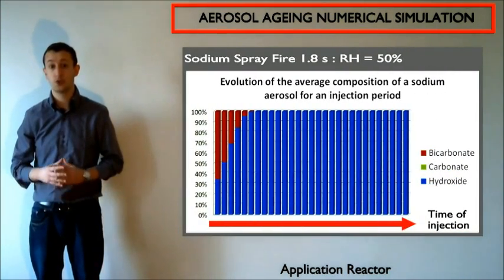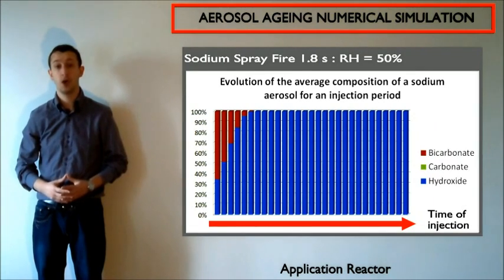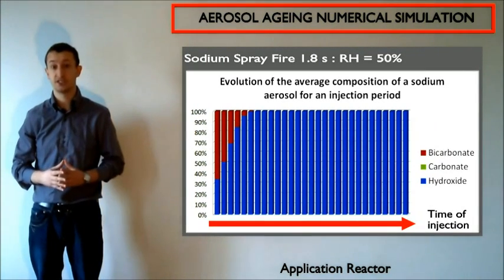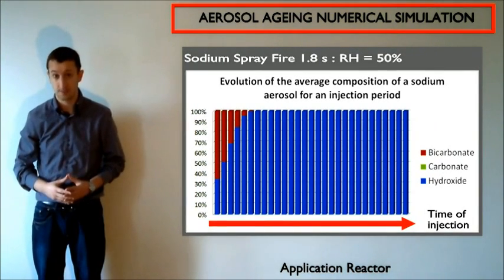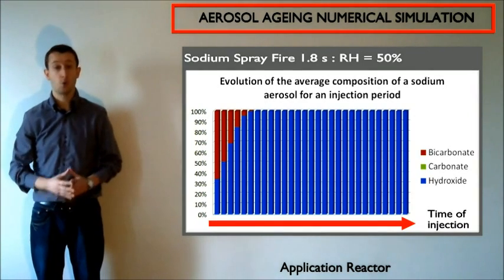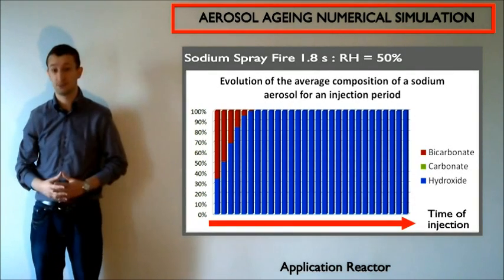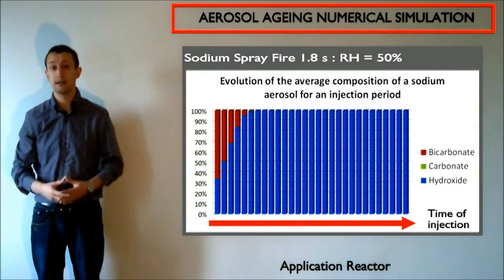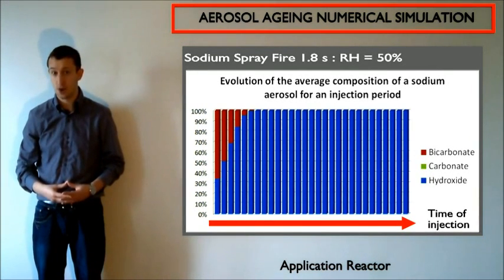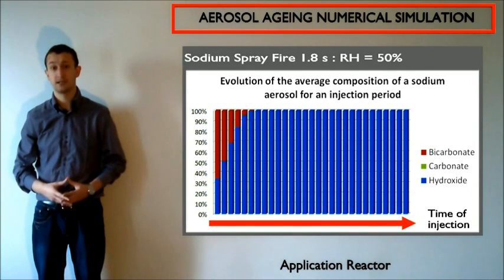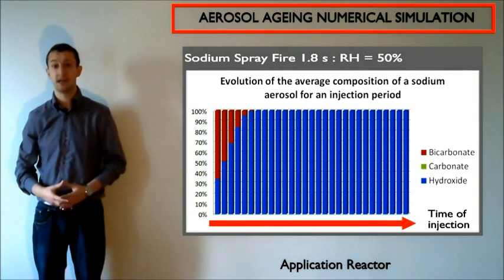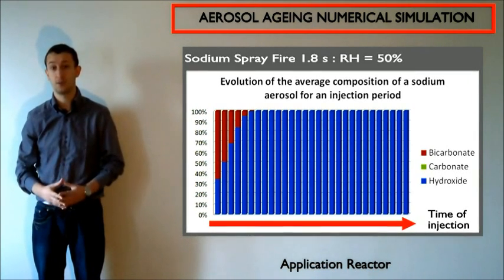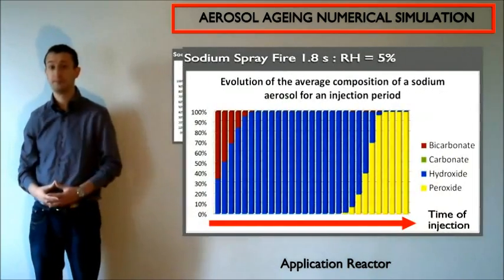We also calculate the composition of the aerosol as a function of the injection time in different conditions. You can see here a relative humidity of 50%. The first injected aerosols are highly transformed into bicarbonate, whereas after some time carbon dioxide is depleted and the aerosols are only transformed into hydroxide.